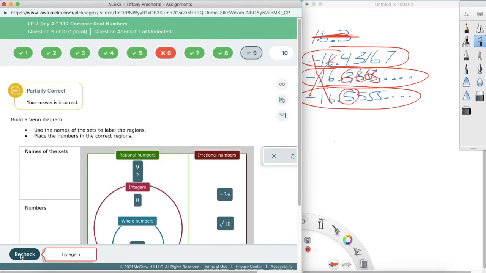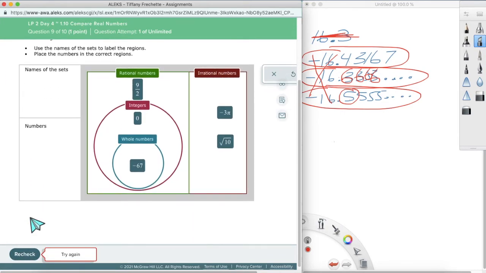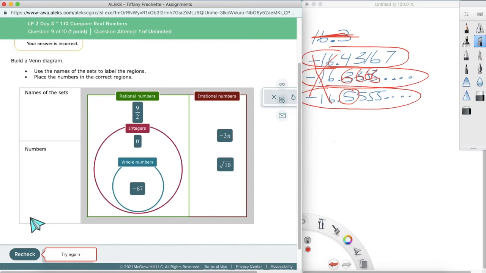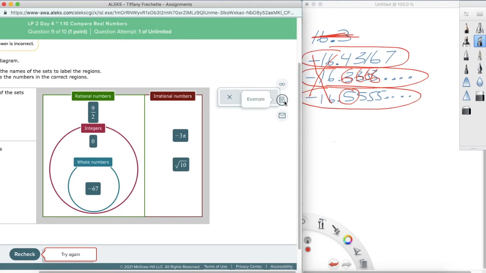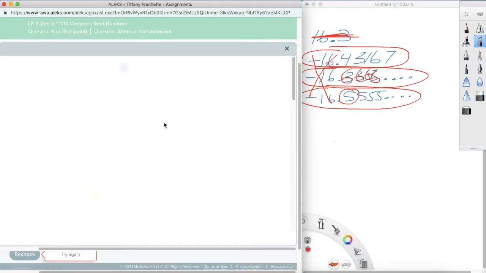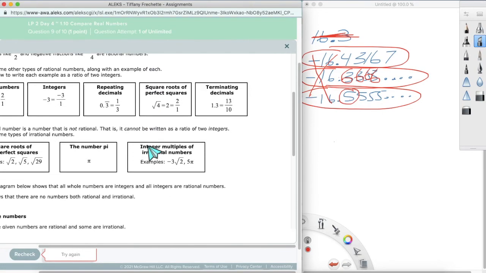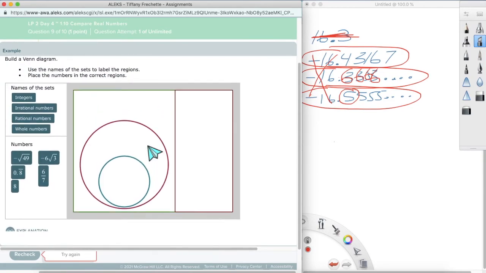You're partially correct. Uh-oh, what did I do? Let's see. I'm going to click this. I think I might have flipped integers and whole numbers. I'm just going to peek over here really quick. Integers, whole numbers?